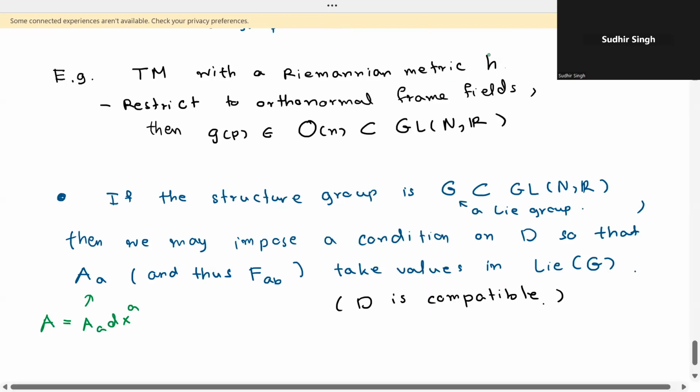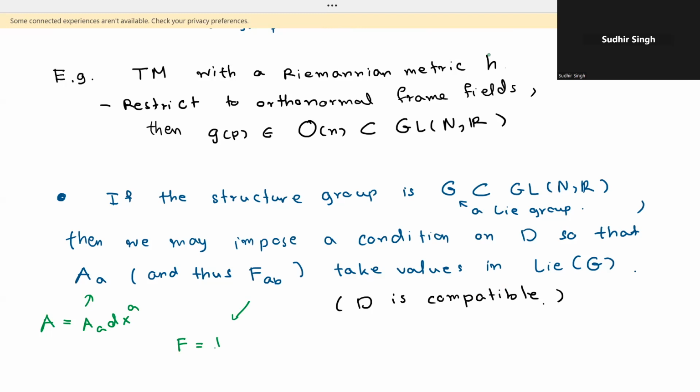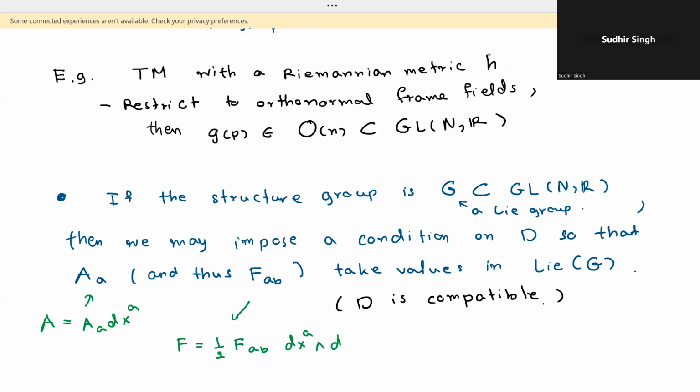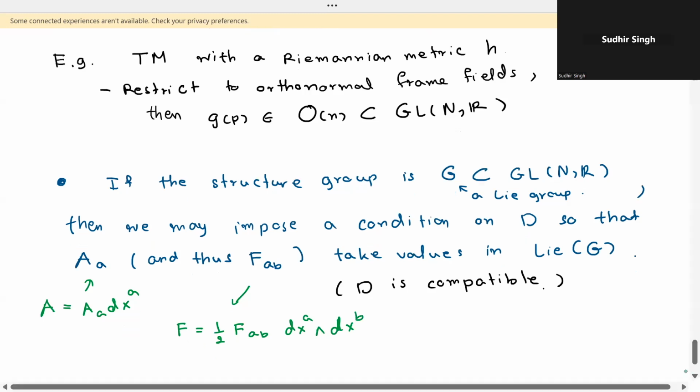For this one, because F is an endomorphism valued 2-form, if we write it in terms of the wedge product of the coordinate covector fields on the manifold, then these F_ab are the coefficients here.